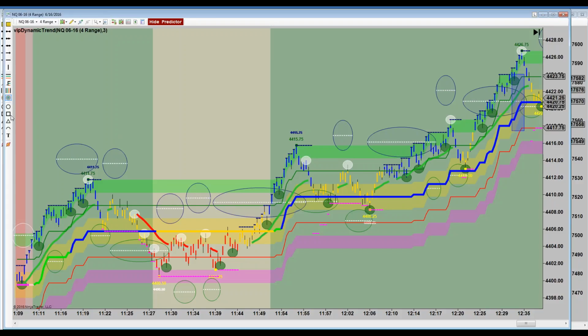Is this area right down here a trend change, yes or no? Right here. Is this a trend change, yes or no? Y or N? Just type in a Y or N. You got 15 seconds. 12 seconds. 10 seconds.